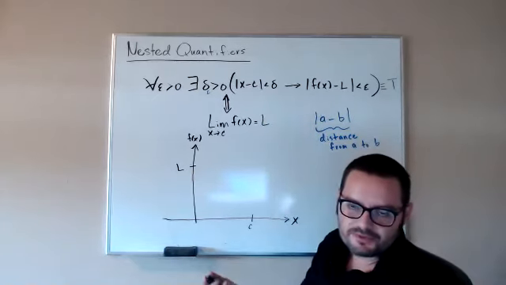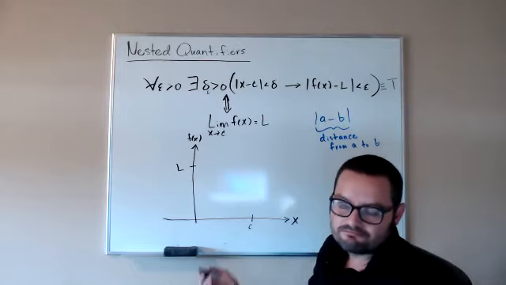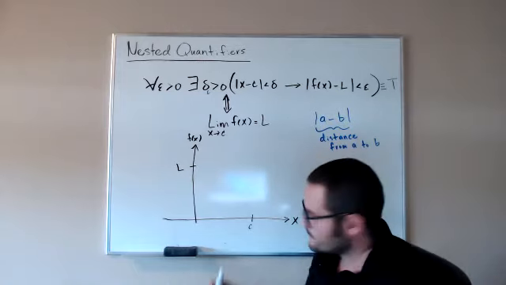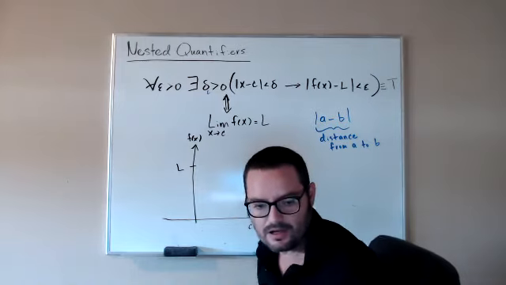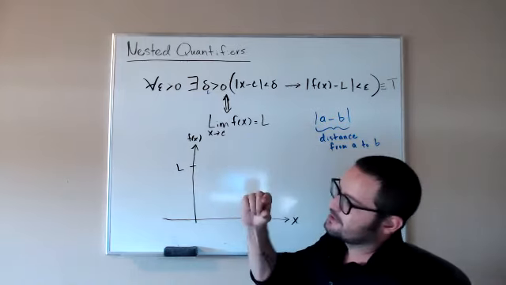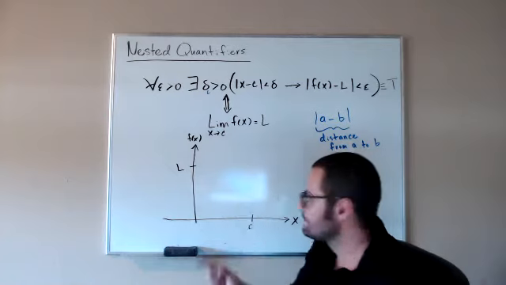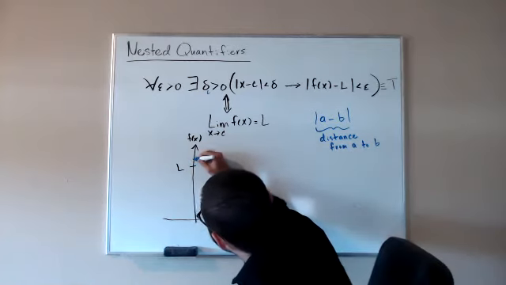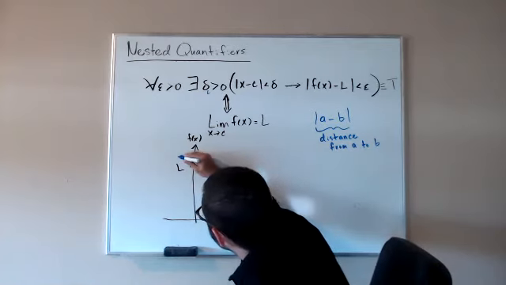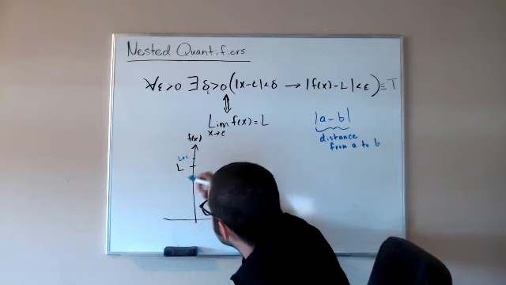So pick any epsilon you want. I'm going to pick an epsilon that's that long. Then there's L plus epsilon, and there's L minus epsilon.